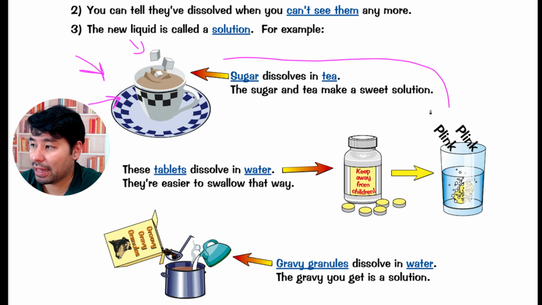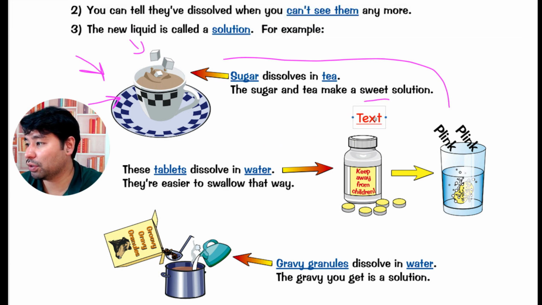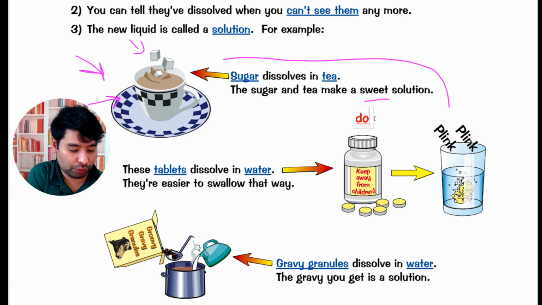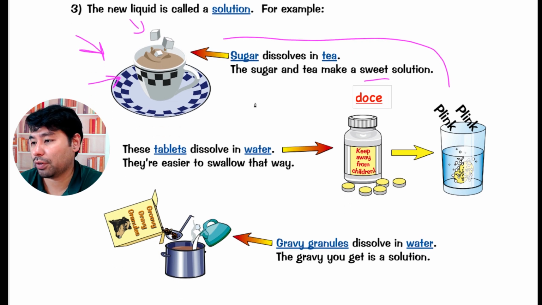The sugar and tea make a sweet solution. So when we say sweet, in Portuguese we call it doce, okay? So the solution becomes sweet, which means isso se torna doce, okay? And teacher, again, what does solution mean? Mistura, okay? So that's the first one.